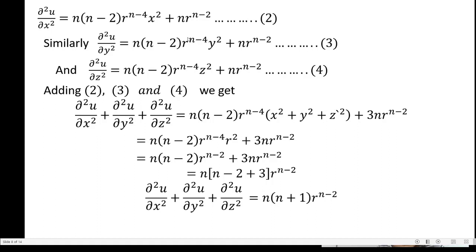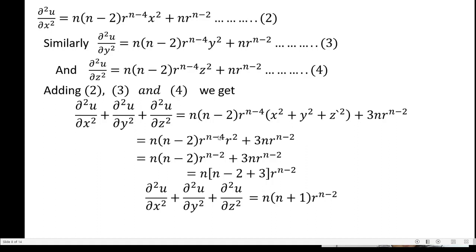Taking those, we have x square plus y square plus z square in the first term. Plus in the second term, n into r to the power of n minus 2 is same in 3, 1 plus 2 plus 3, 3n r to the power of n minus 2. Then, n into n minus 2 into r to the power of n minus 4, x square plus y square plus z square is r square. Just I keep r square, plus 3n r to the power of n minus 2.